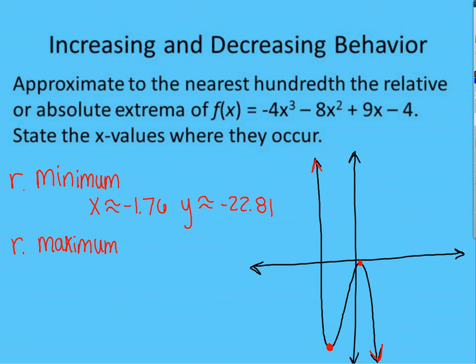We can do the same thing for maximum. You can calculate the maximum, and we will have a maximum where x value is approximately 0.43. And that's going to have a y value of approximately negative 1.93.